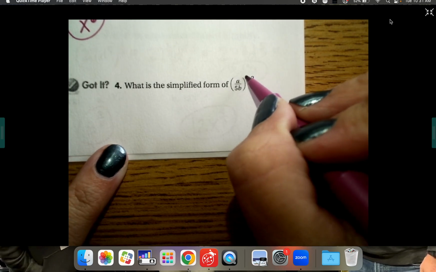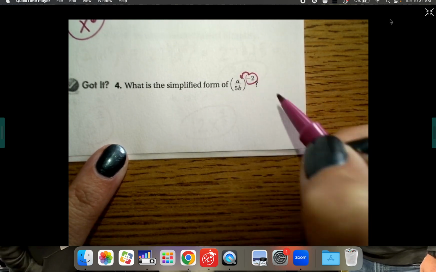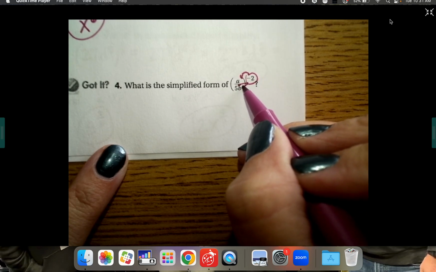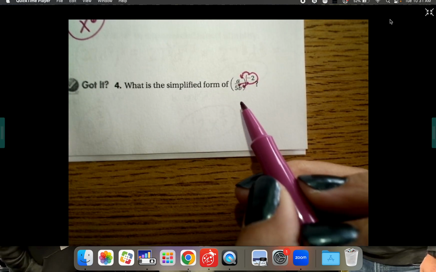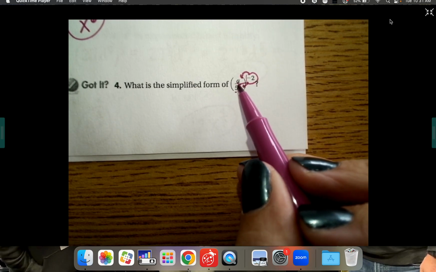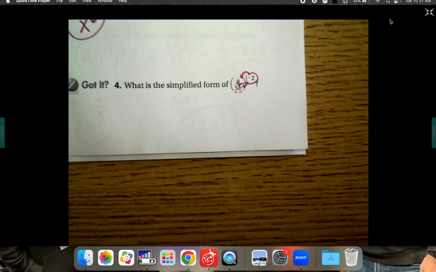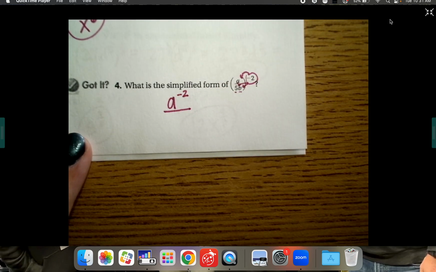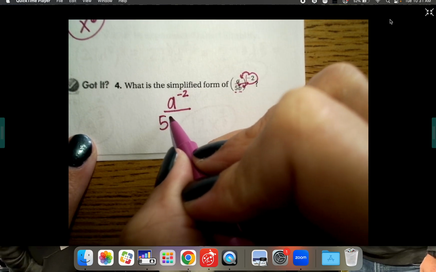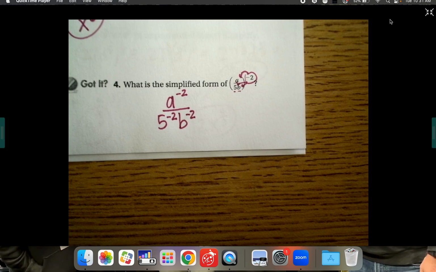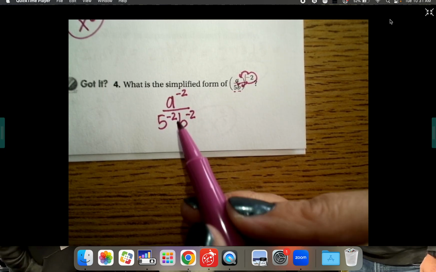Okay, the negative 2 is going to get distributed into the A and to the 5 and to the B. Be sure you guys are distributing it to every single base, all the things that I'm going to say touch the ground. So A gets a negative 2. On the denominator, 5 gets a negative 2. And B gets a negative 2. And once again, we have an issue with all 3 terms.